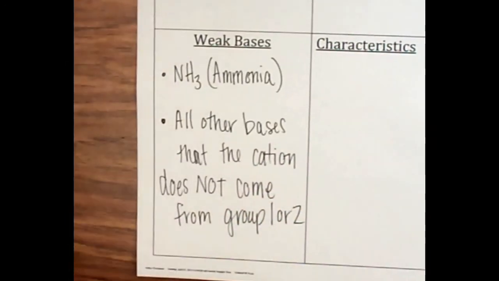Do you remember what part of the compound is the cation? It's the first part, the plus. So if the first part of your base, blah blah blah OH, does not come from groups 1 or 2, then it's weak.